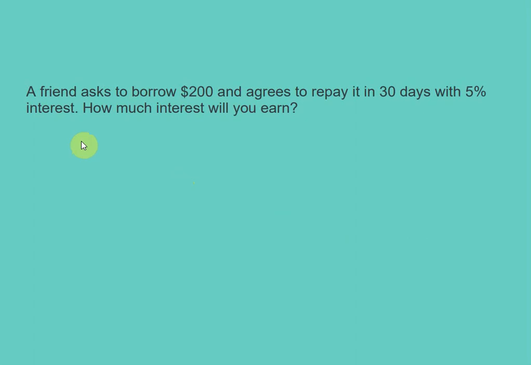So we're just going to use that simple I is equal to P times R in order to find the answer to this question. So our interest is equal to the principal, and in this case it's $200. Remember, the principal stands for the starting amount, times the rate, which is 5%.